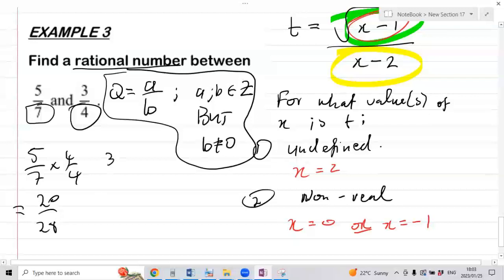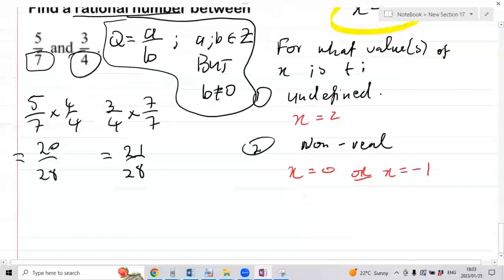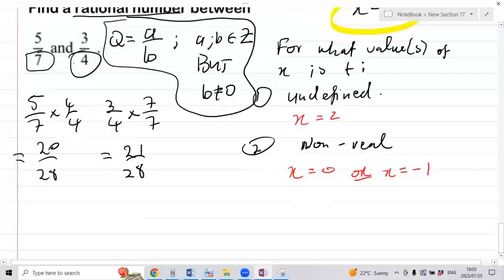Then 3 over 4 times 7 over 7 equals 3 times 7 is 21 over 28. But this is still not helping me because I want to find a rational number between 5 over 7 and 3 over 4. So let's multiply one more time, this by 2 over 2, and that by 2 over 2.